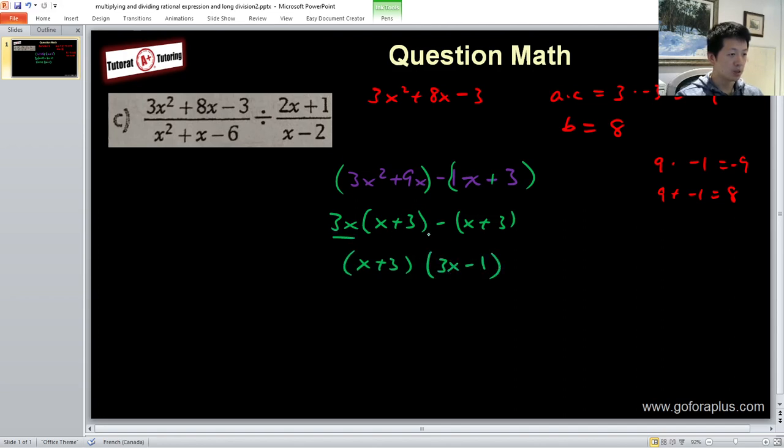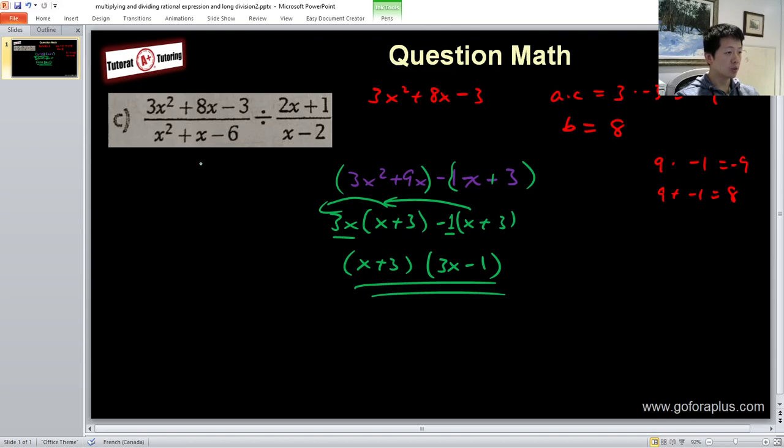So this is 3x and minus 1 right here. Then this is what is left because I take out the x plus 3 in front. So that's basically the factorization, to see the common factor. The bracket is the common factor, right?